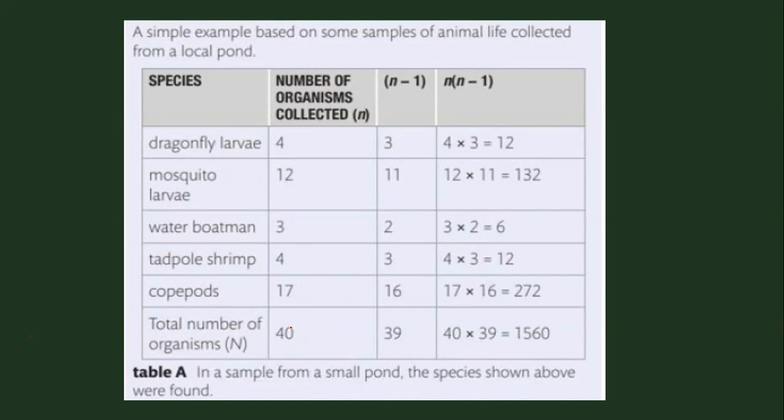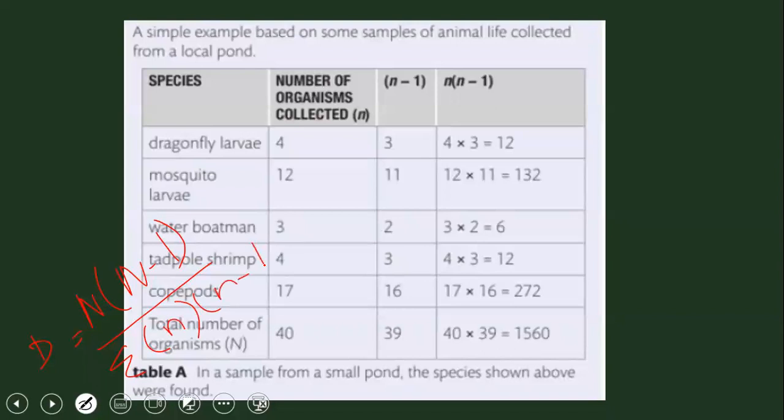Your formula is D equals N(N minus 1) divided by the sum of n(n minus 1). First, you make a table, and your next column is going to be n minus 1: 4 minus 1 is 3, 12 minus 1 is 11, 3 minus 1 is 2, 4 minus 1 is 3, and so on.